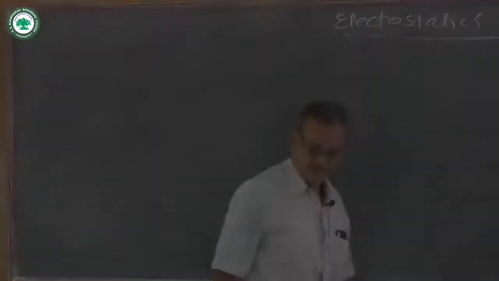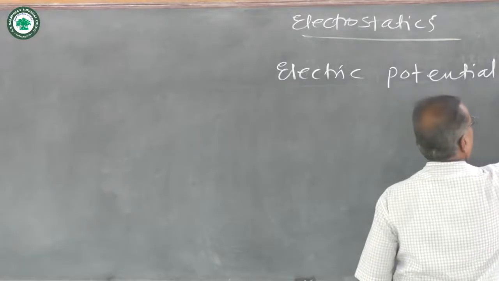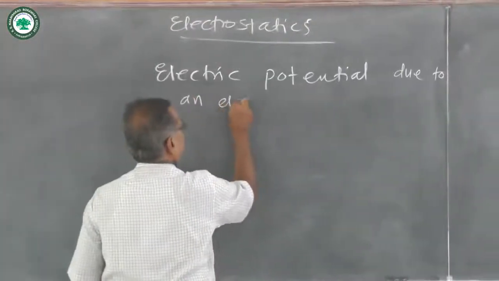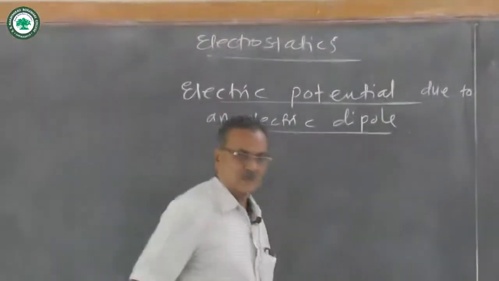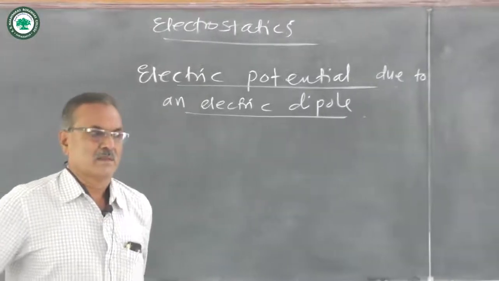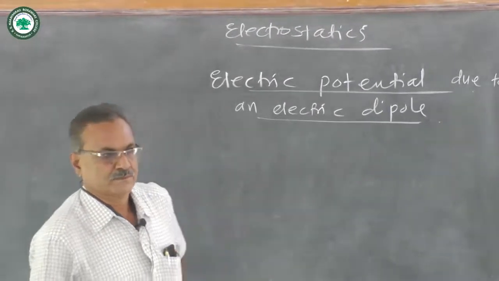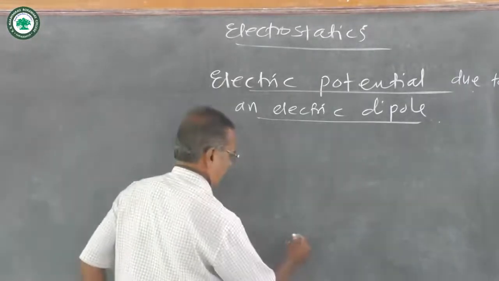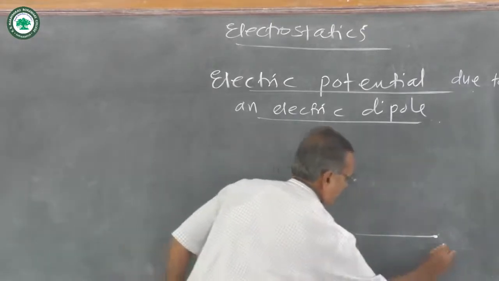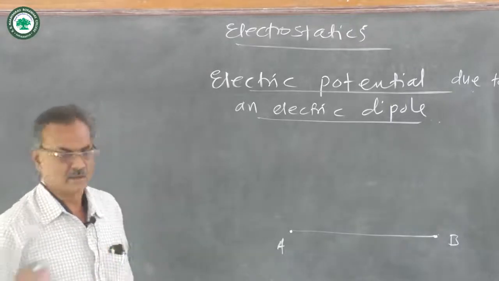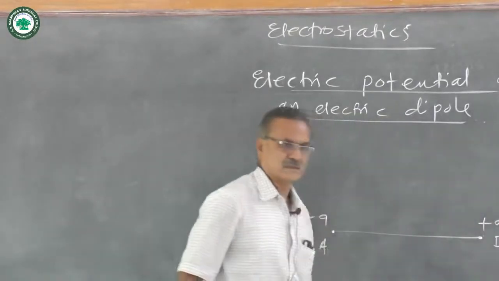Today we have learned in electrostatics. Di means two, pole means pole, so dipole means two poles, that is, plus q charge and minus q charge are situated at points A and B. At point A, minus q charge is situated, and at point B, plus q charge is situated.